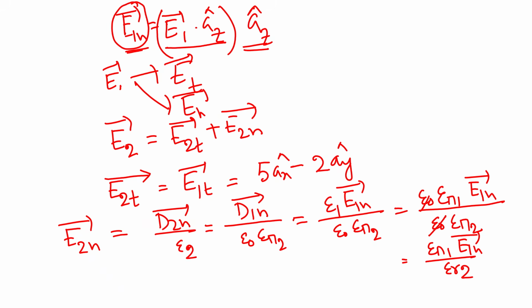Now the value of epsilon r1, as given in the question, is 4, and the epsilon r2 value is given as 3. So what I can get is my E2n vector is nothing but epsilon r1 by epsilon r2 into the E1n vector.